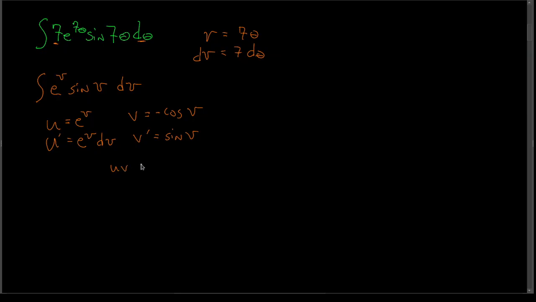U times v minus the integral of v du, which means that we have e to the nu times negative cosine nu, minus a negative cosine, so plus the integral of e to the nu cosine nu d nu.